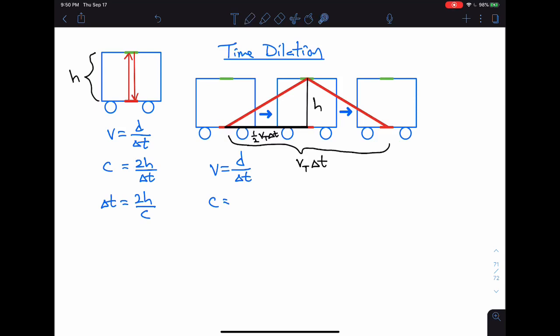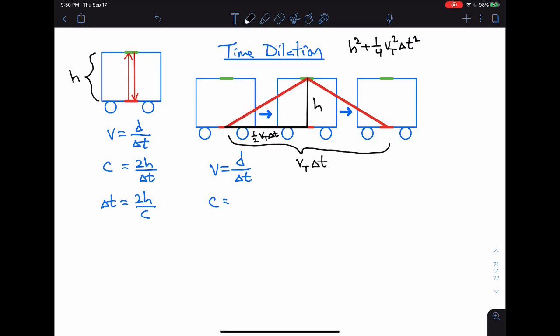So that matters, of course, because now I can use the Pythagorean theorem to figure out this side, the hypotenuse. And of course, 2 times the hypotenuse gives me the total distance. So what's the hypotenuse here? Well, that's just going to be, of course, h squared plus 1/4 v_t squared delta t squared. That's going to be this side squared.